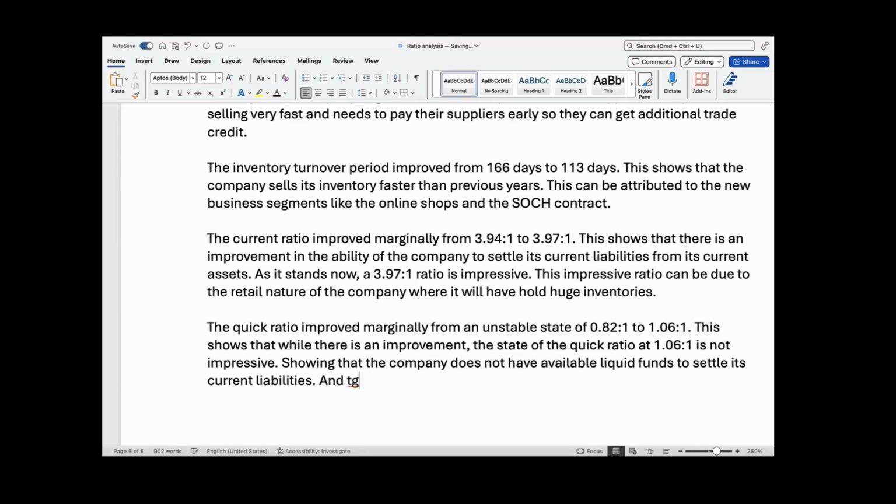And this is confirmed by their efforts to raise funding from investors.